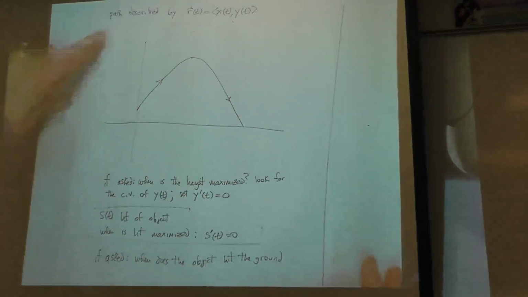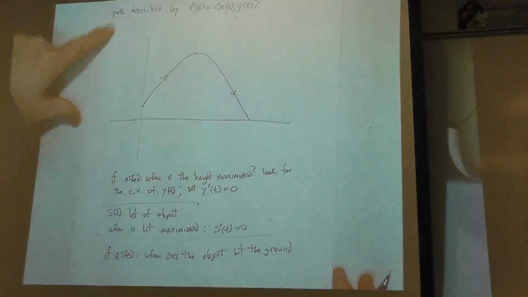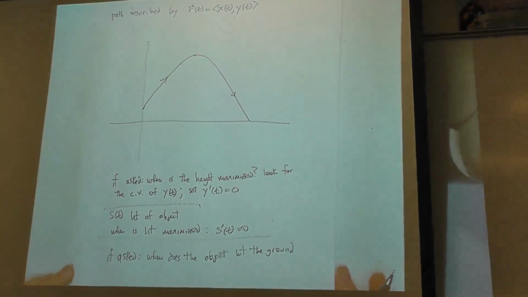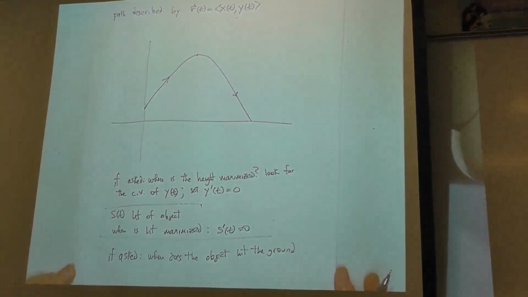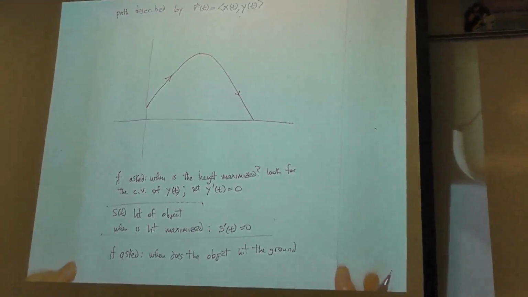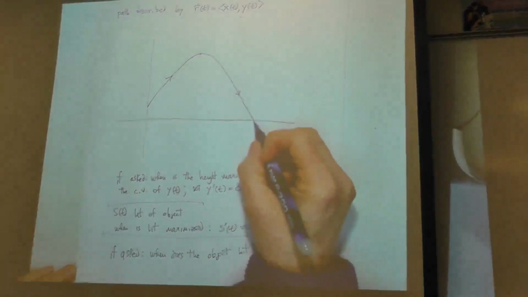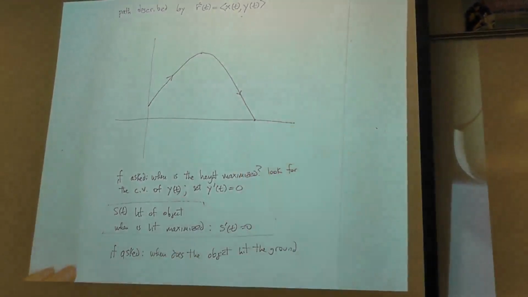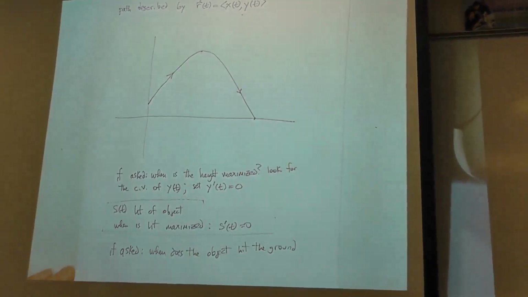But in this context, it hits the ground when X of t is... X. No, well, think about your coordinates. On Y. When Y of t is 0. Y of t is 0.